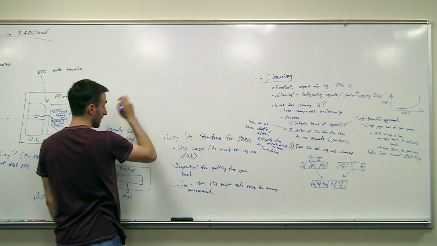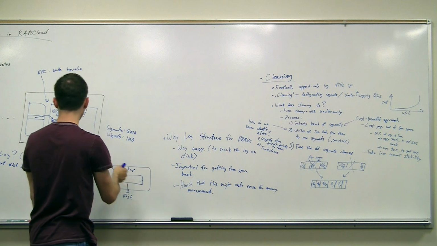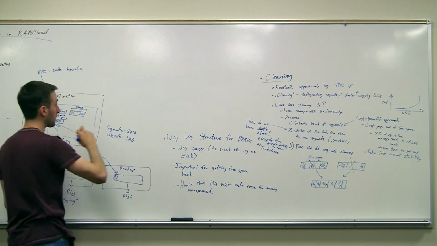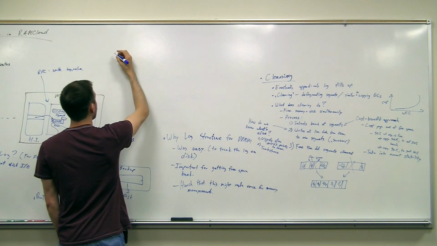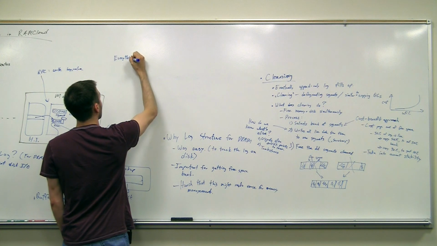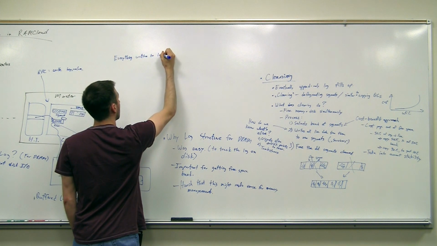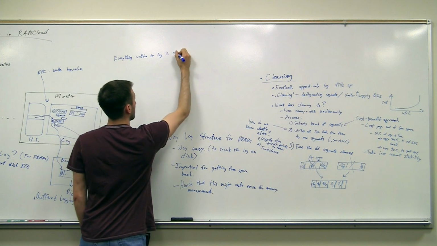So it's probably worth talking a little bit about what these objects look like. What are we actually writing into the log? Everything that's written to the log is called an entry.